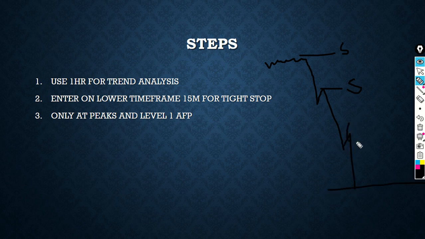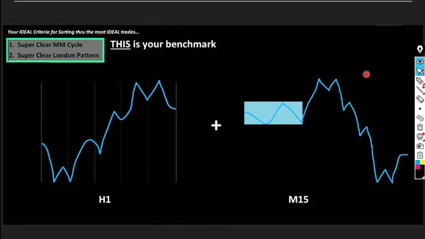This won't be a swing trade from level 2 into level 3. It's only from peak, level 1 into level 2. From level 2 to level 3 is not a swing. You are now looking for another swing going the other direction. So let me explain that on the next chart.